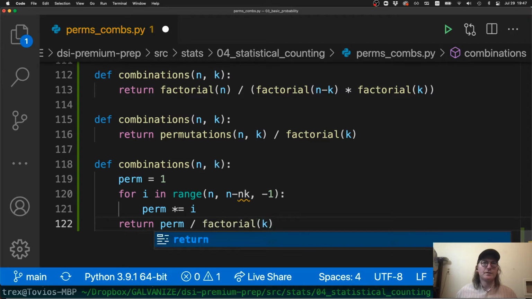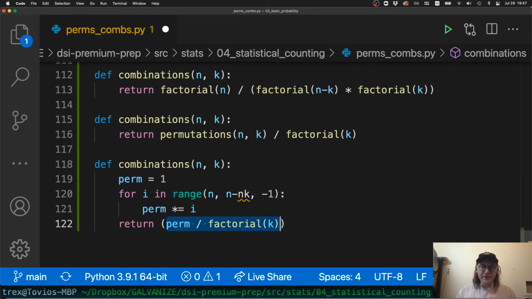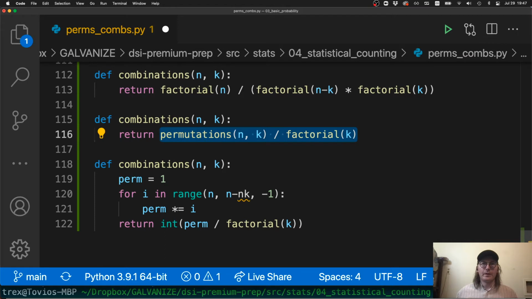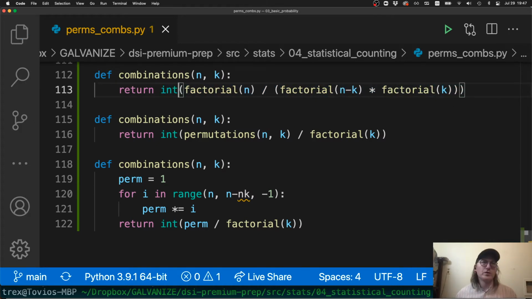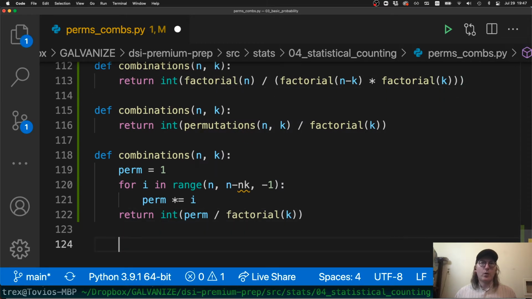And one thing I do want to do on all of these is cast them to int. It's not completely necessary, but remember, we're counting and we're going to assume whole numbers.